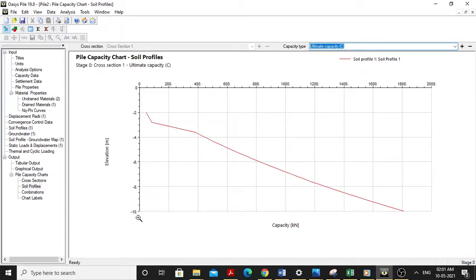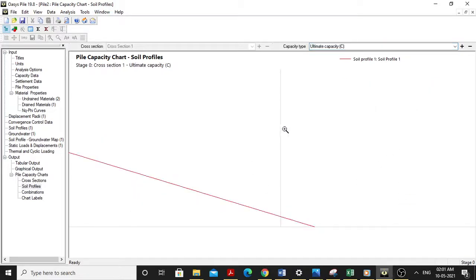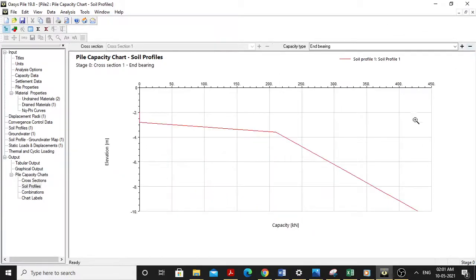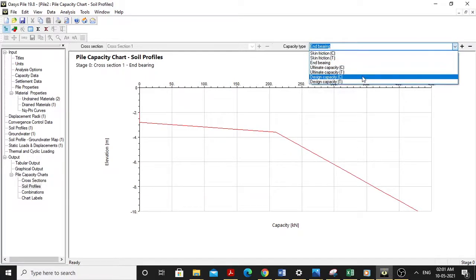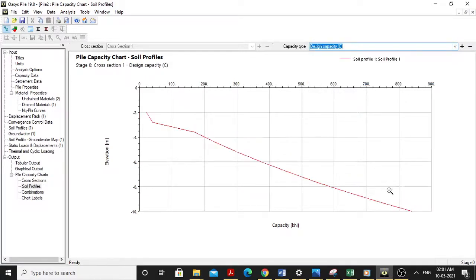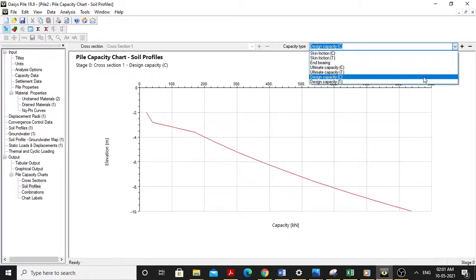If you see, our 10 meter is the pile depth, and so 1800 is coming. Design capacity is coming 820 something. You will find the same in the report as well.